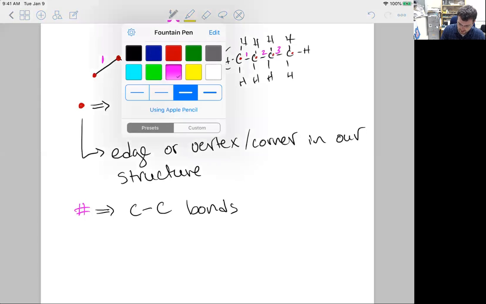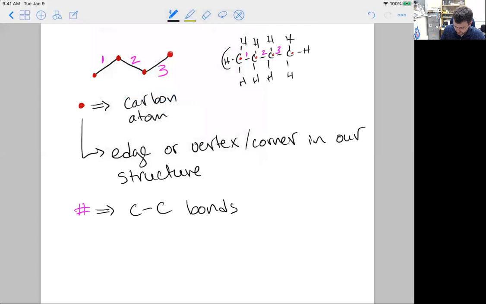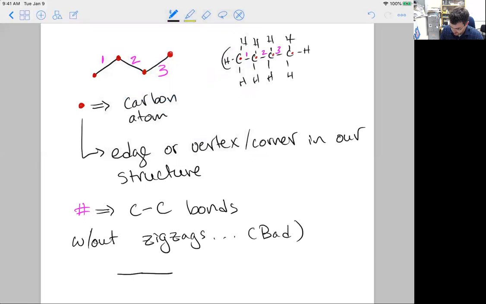Okay, so imagine that you drew it without the zigzags. And this is, again, bad. It would look like this: 1, 2, 3, 4. Is this really a carbon?